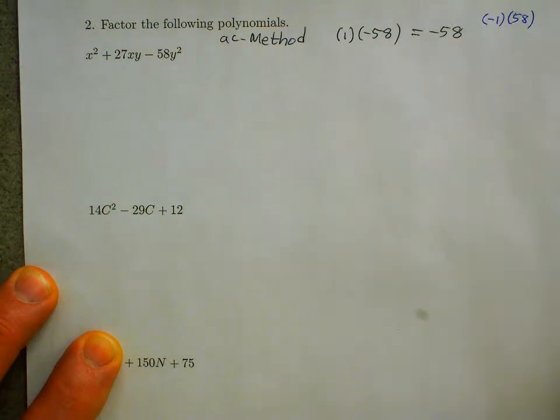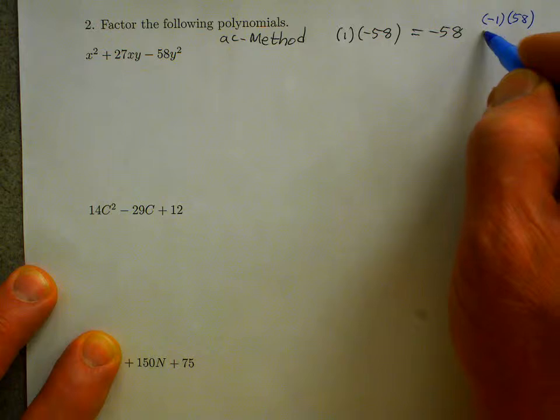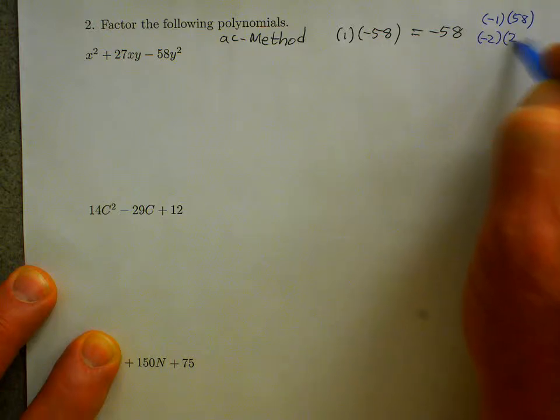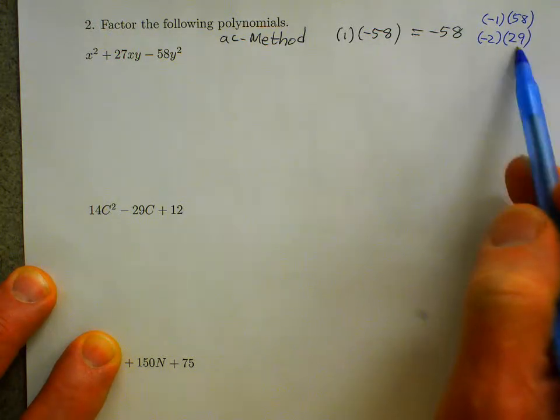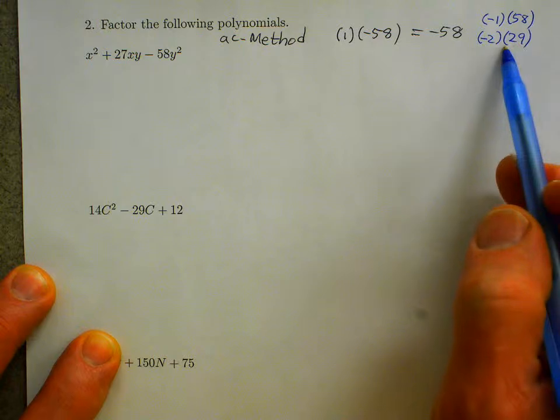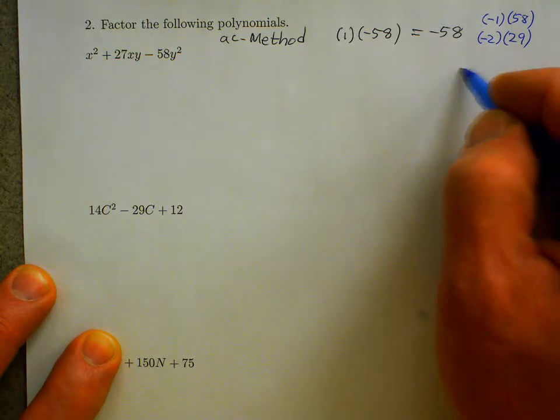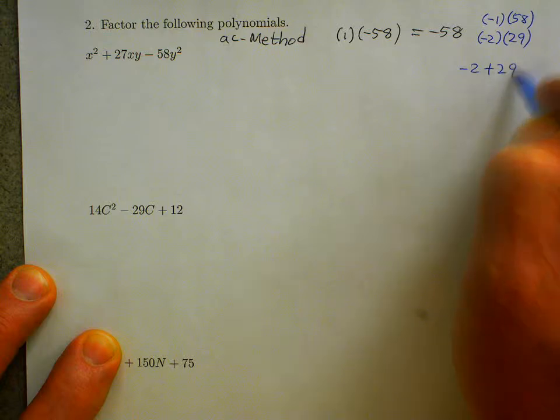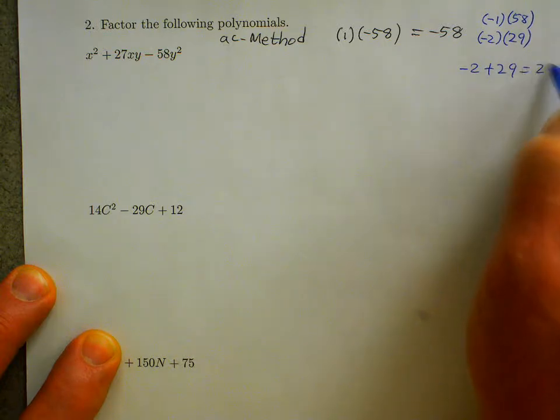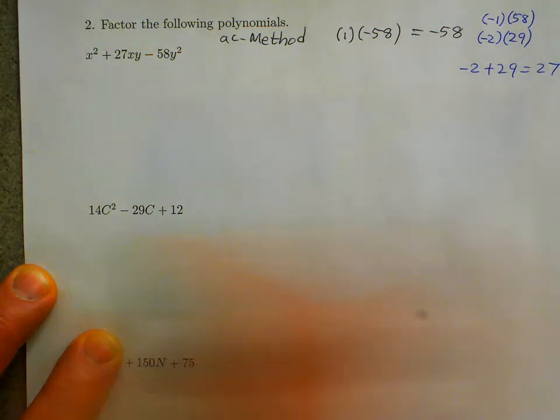What's the next pair? Negative 2 and positive 29. Those have a product of negative 58, and they add up to positive 27. So negative 2 and positive 29 are the two integers needed.